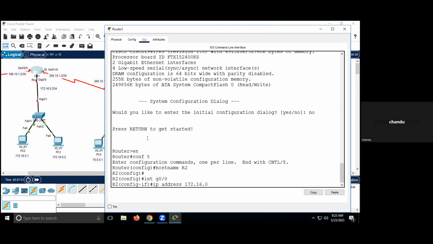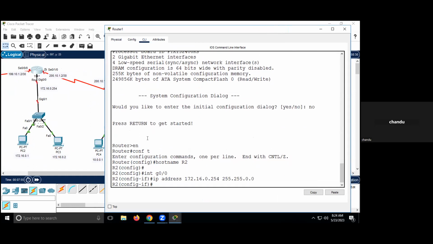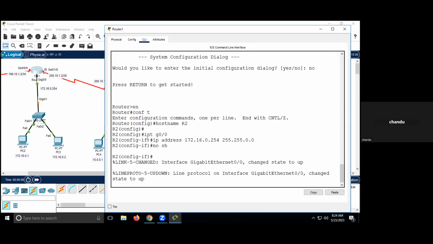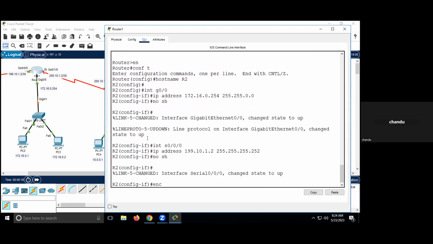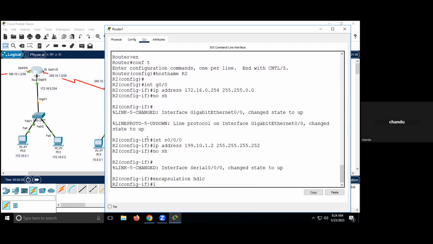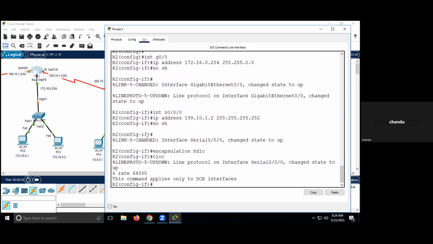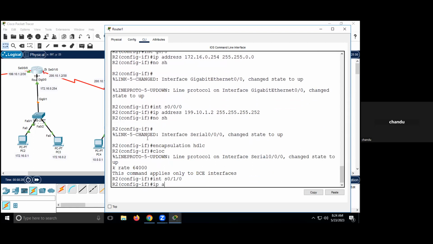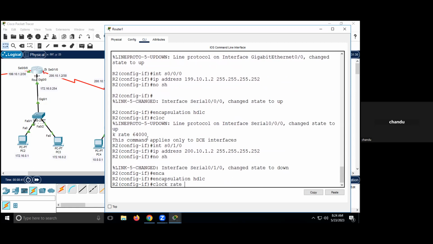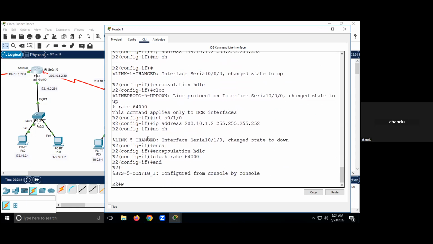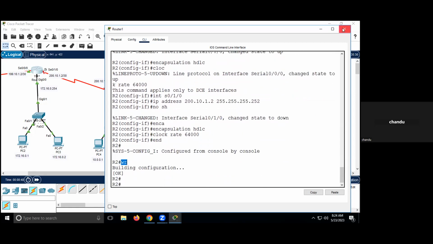The IP address is 172.16.0.254. The right command is in the topology.